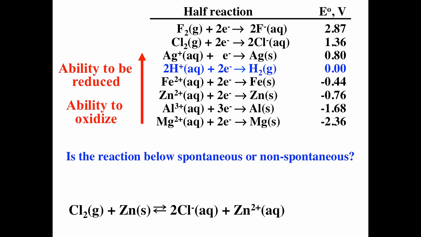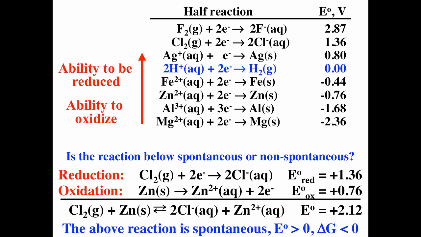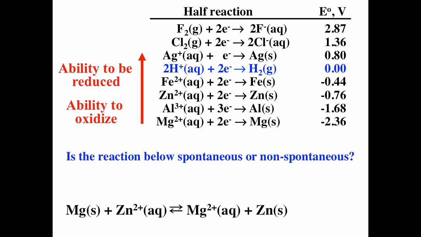The zinc metal is being oxidized, so we have to flip the zinc reduction potential. That gives us a reduction potential for chlorine of 1.36 and an oxidation potential for zinc of 0.76, so we get a potential for the reaction of 2.12. That means the reaction is spontaneous: its electric potential is positive, delta G naught is negative, and K would be much greater than 1.